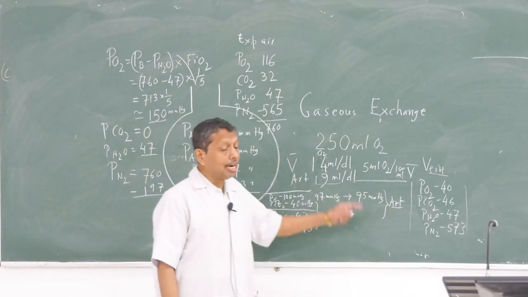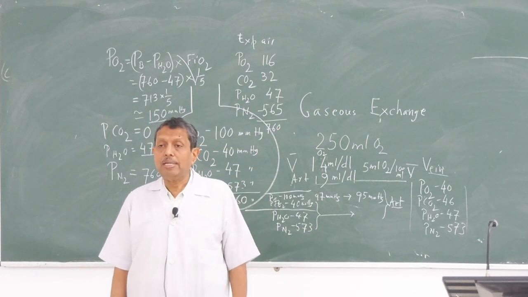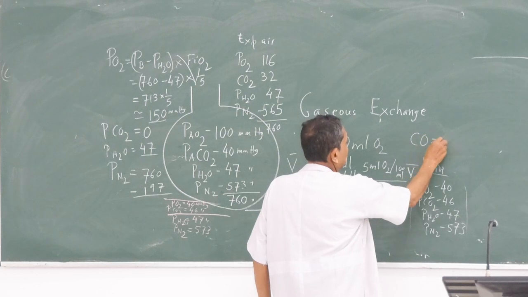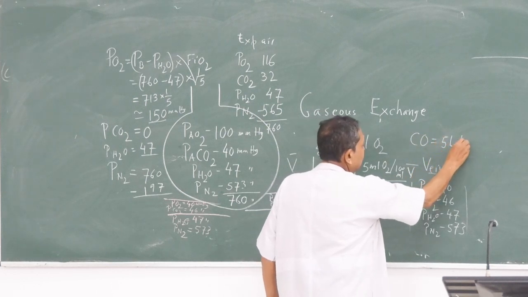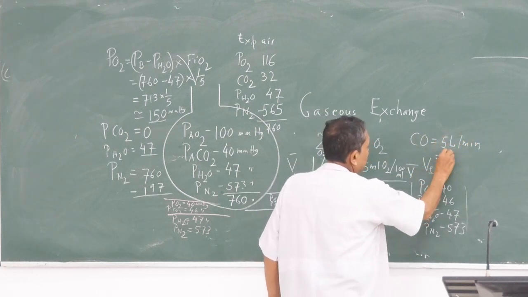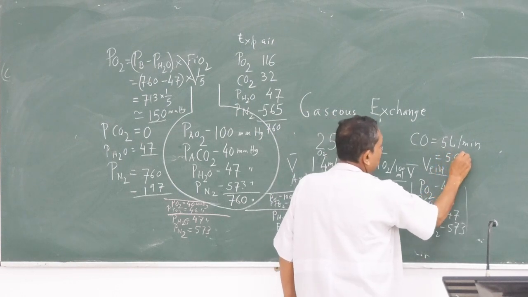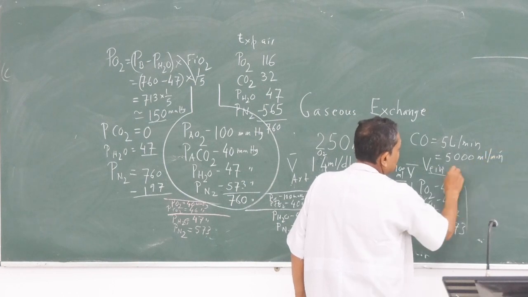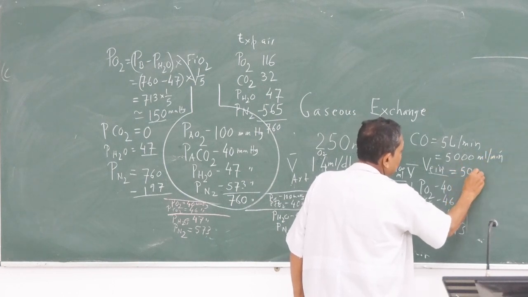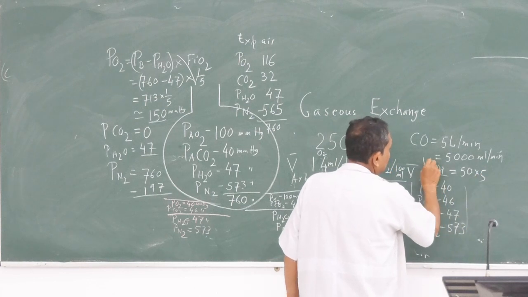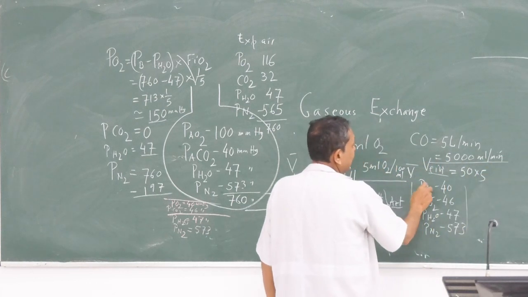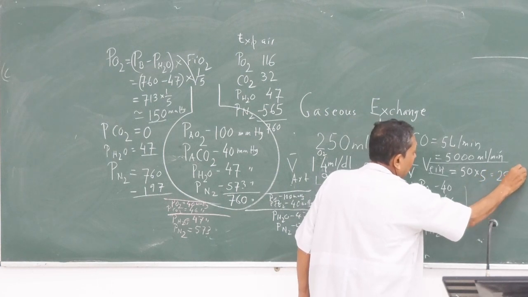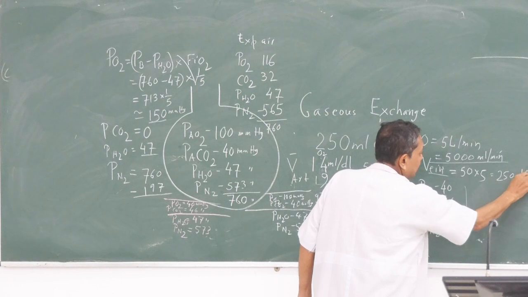If 5 liter is the cardiac output, cardiac output is 5 liter per minute, 5000 ml per minute. So 50 into 5. So the entry of oxygen is 50 into 5, 250 ml of O2 per minute.